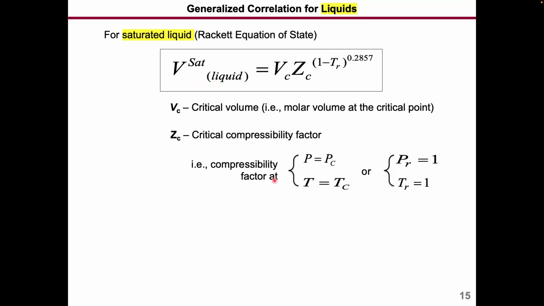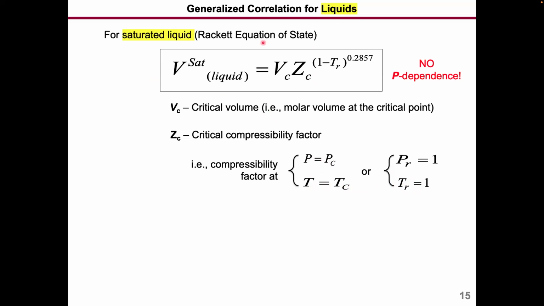VC and ZC are the compressibility at the critical point, where your pressure is equal to critical pressure and temperature is equal to critical temperature, or PR is equal to 1 and TR is equal to 1.